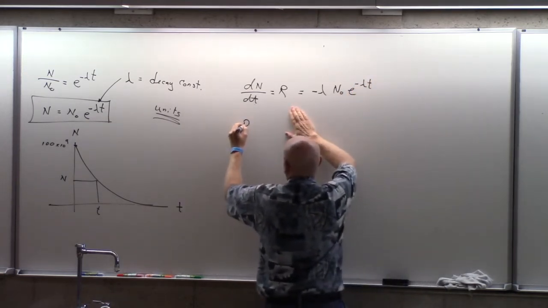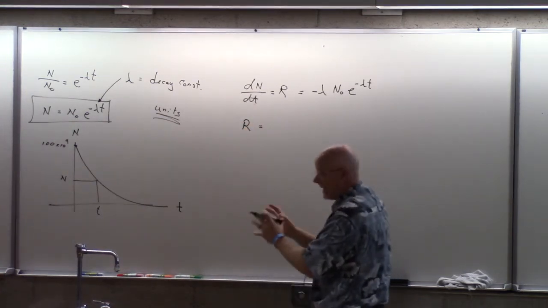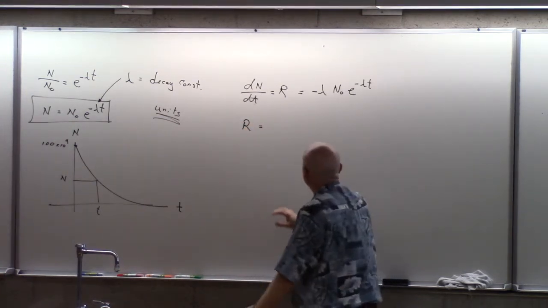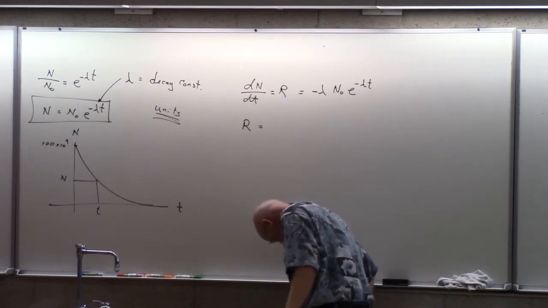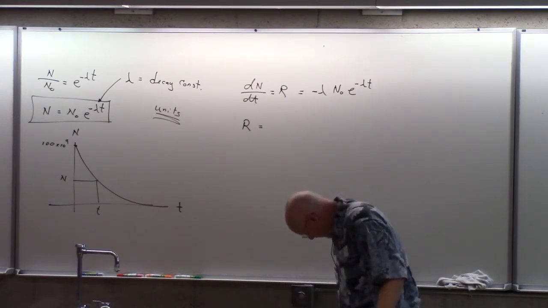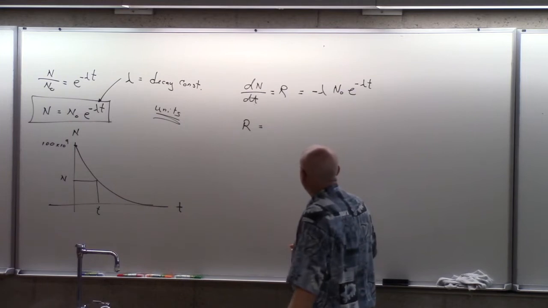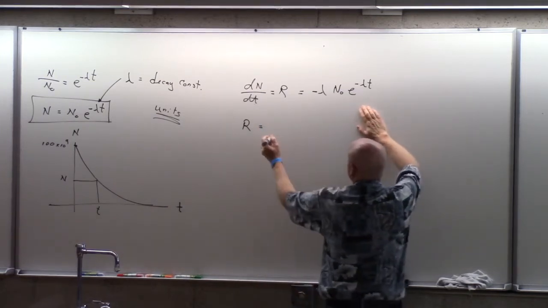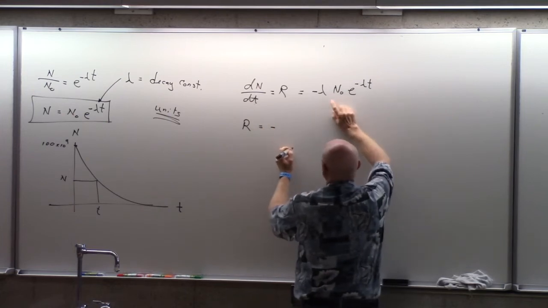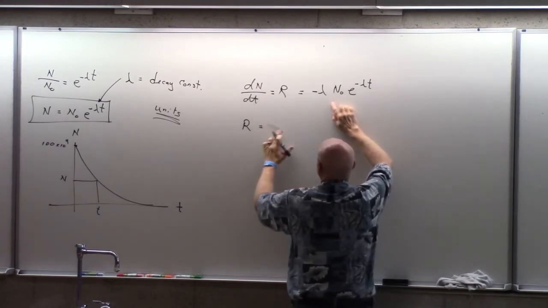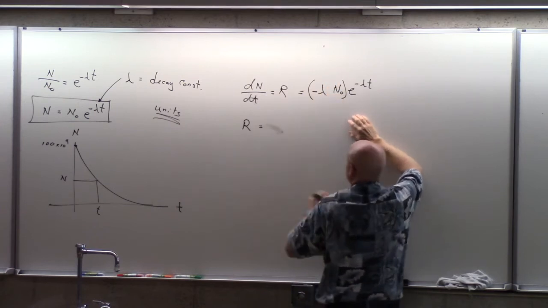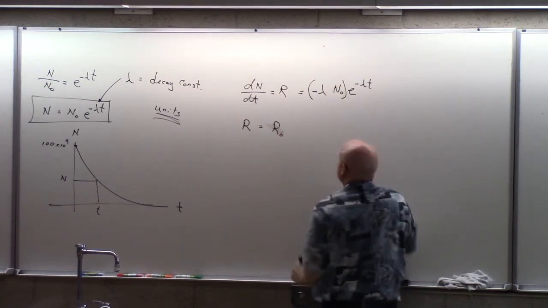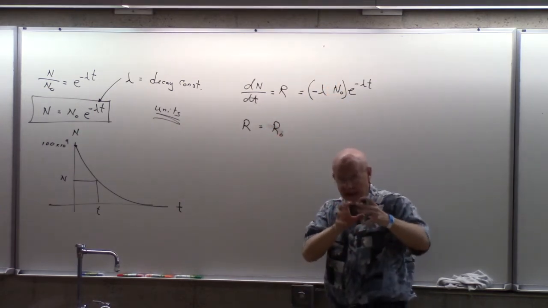and then write it in terms of a decay rate, you will see that this rate here and this number, and I will put the minus sign, so I will group those together, that would be the initial decay rate.